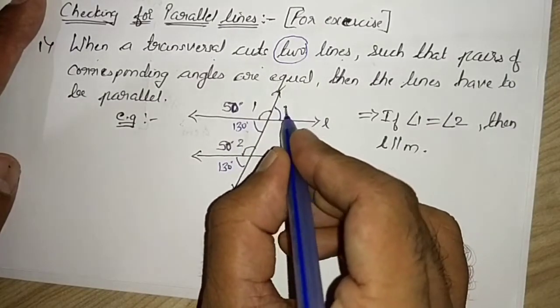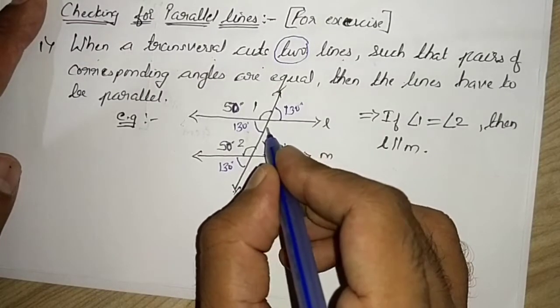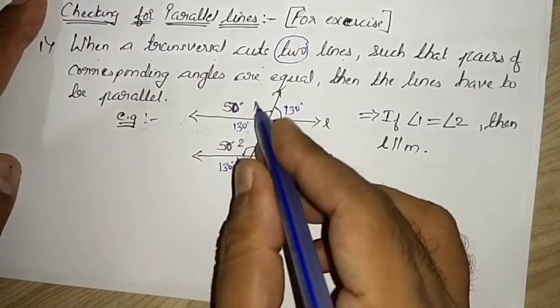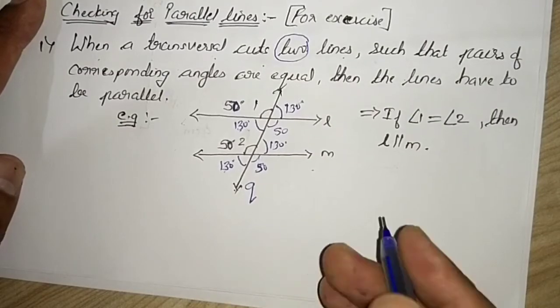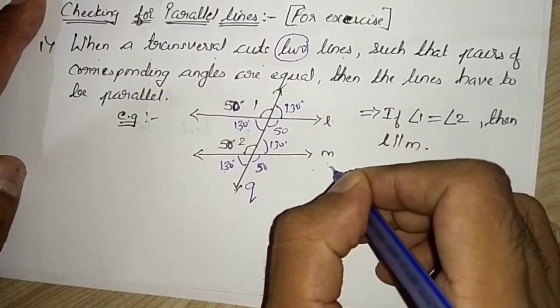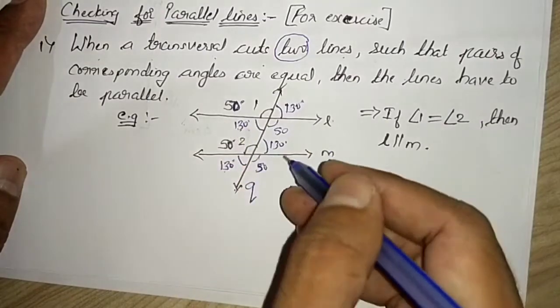Likewise, if this is 130, then this is also 130, and if this is 50, this is also 50. So if the corresponding angles are equal, then we will say that these two lines L and M will be parallel.